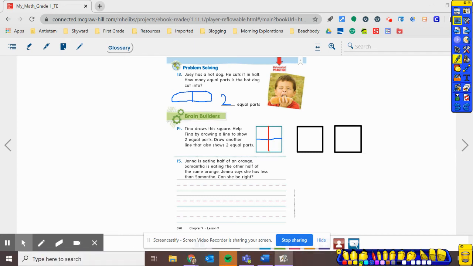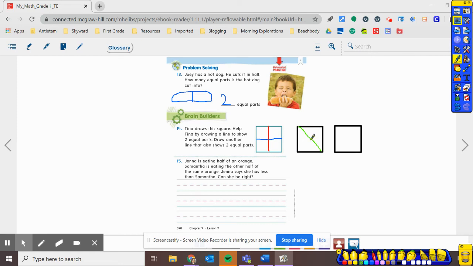The next way that I could draw 2 halves is to start in the corner and draw a straight line, if I can, down to the other corner. Now I have 2 equal parts. Think about when someone at home makes you a sandwich and maybe they cut it in half. Do they cut it in half straight down the center, or do they cut it in half diagonally?